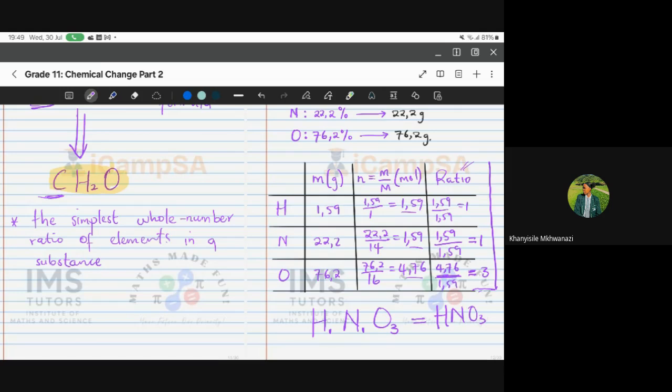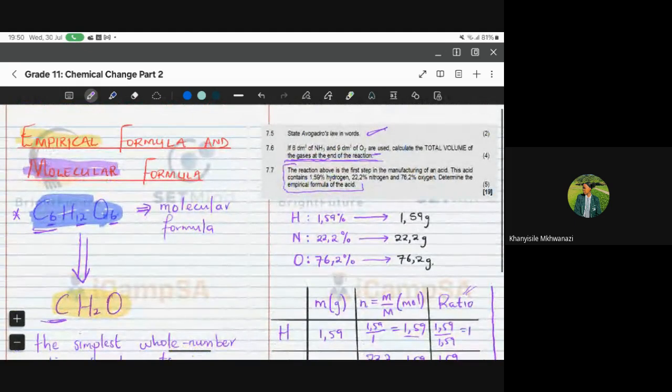Sorry, please mute yourself. Right. What they would say is the molecular mass of this unknown acid is, let's say, 126 grams per mole.